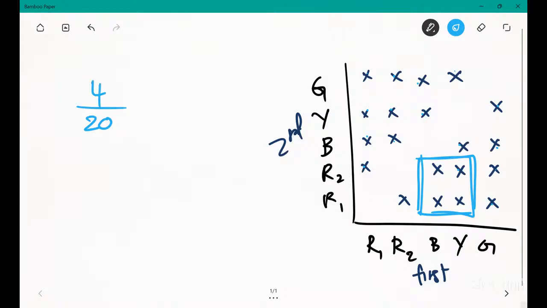So 4 over 20. You can simplify. Even though they don't ask, it's always best to keep a fraction in its simplest form. So 4 over 20 simplifies to 1 over 5.